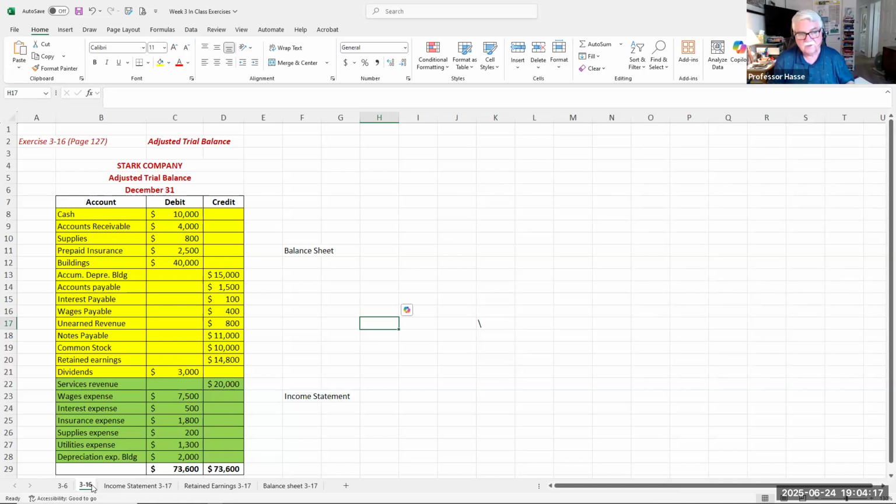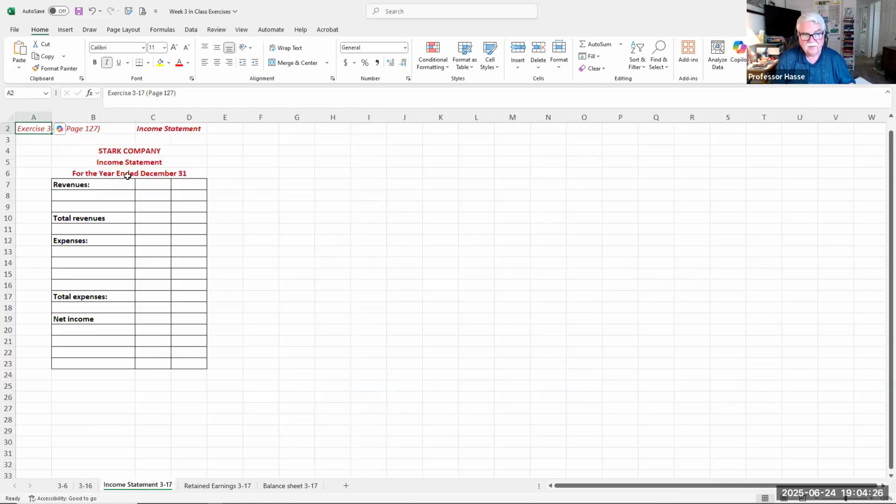The first thing you should realize when you're doing financial statement preparation, I know this sounds kind of geeky, but we have to be aware of that, is that you have to have the proper heading of that financial statement. You got to tell the user what's the name of this company? What is this financial statement about? And what is the period that this financial statement covers?